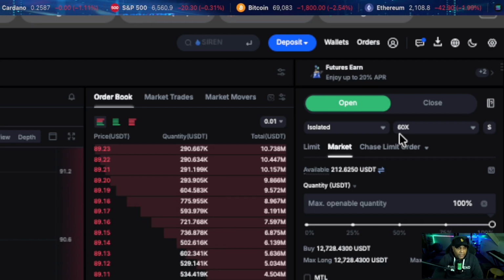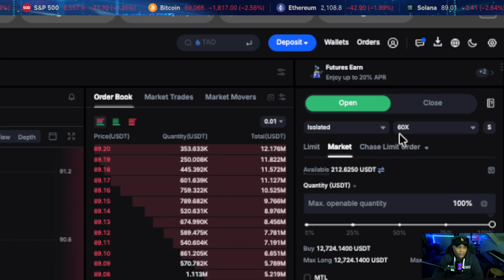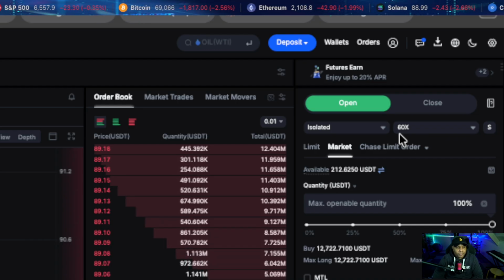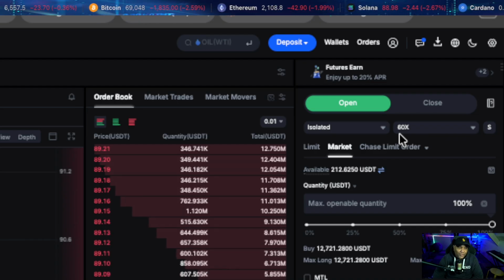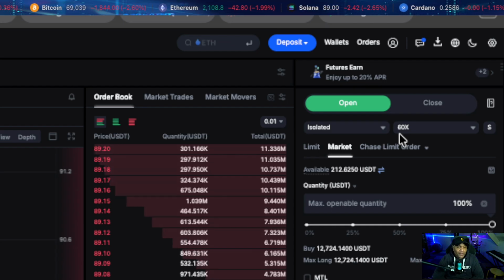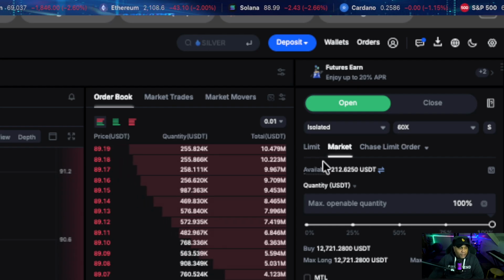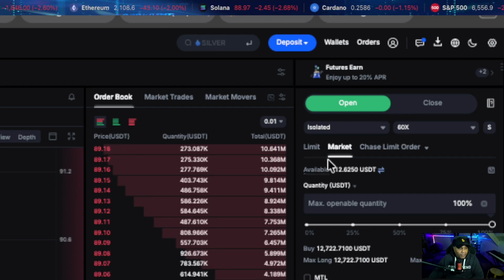But the other side is, if the trade goes haywire and instead of going up, for example, the trade is going down, then you're also losing 60x the amount of your trade. If we look further down, we can see here we have limit and market.